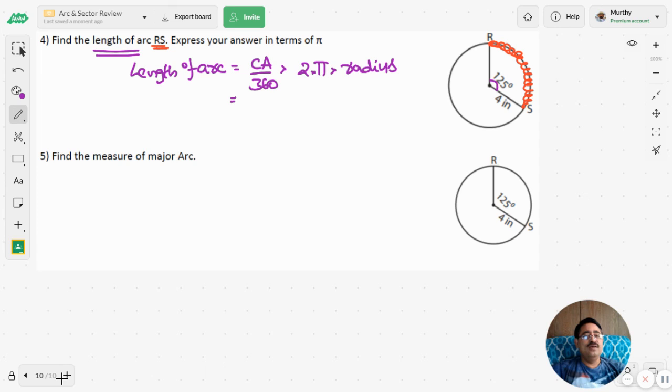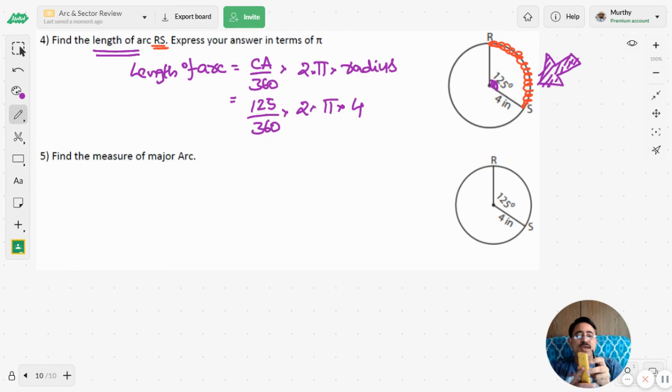Please notice that the arc I highlighted, the same central angle I am taking, therefore no need to take away from 360. Therefore it is 125 over 360 times 2 times pi times radius, which is 4 inches.